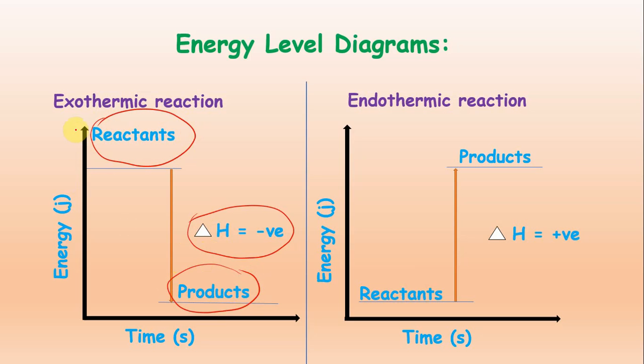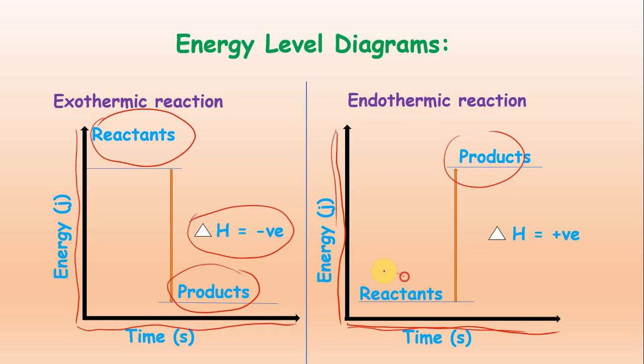This side will be energy in joules, and this side will be time in seconds or minutes. Similarly, this will be the energy and this will be the time. This is vertical and this is horizontal. Products, reactants, and delta H. So in this energy level diagram, we have to explain these three main terms.